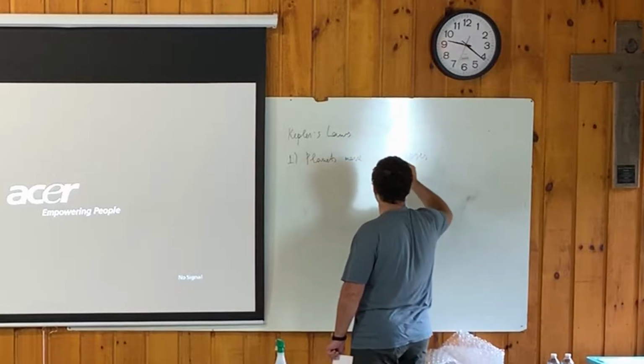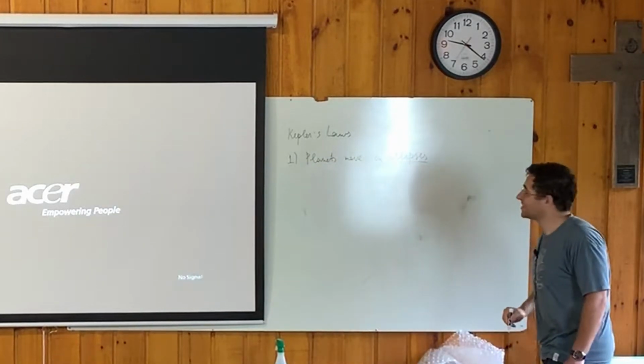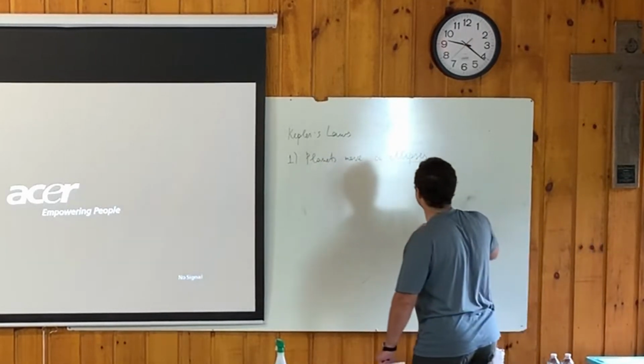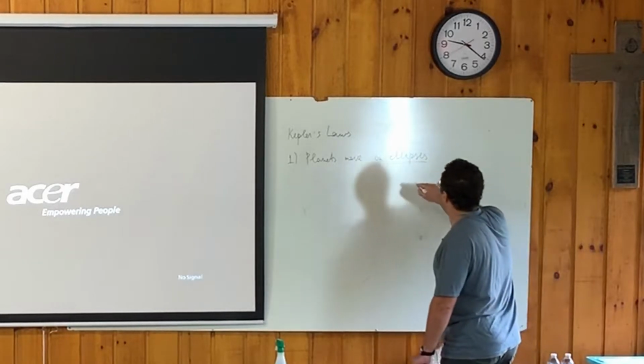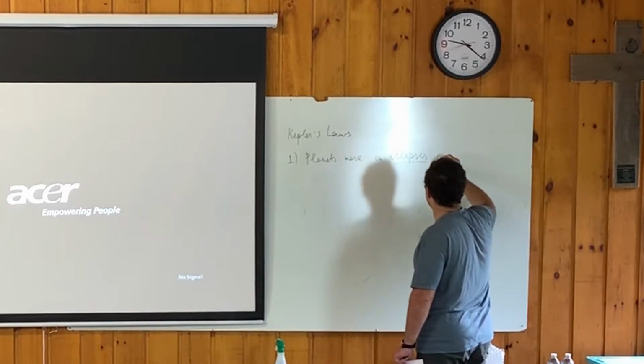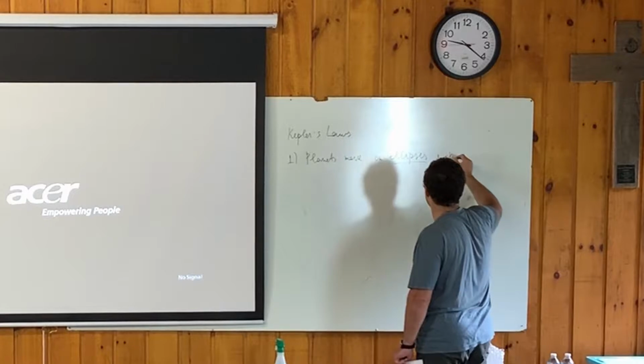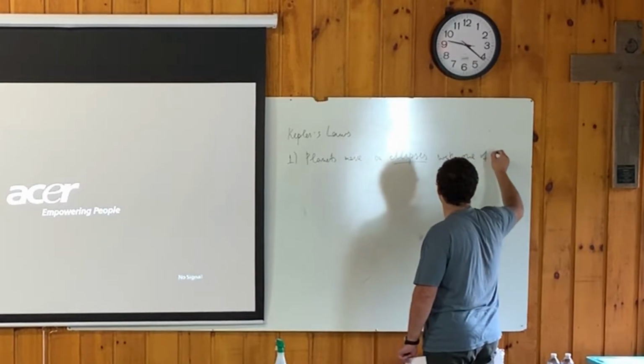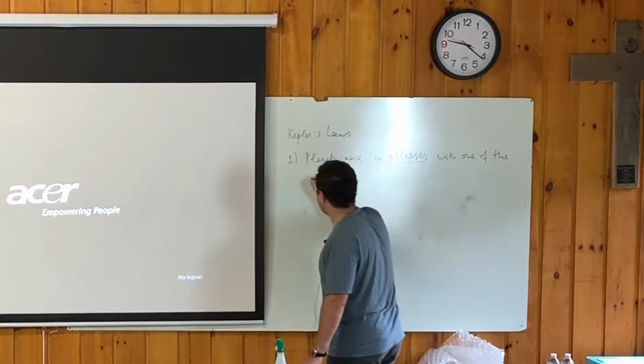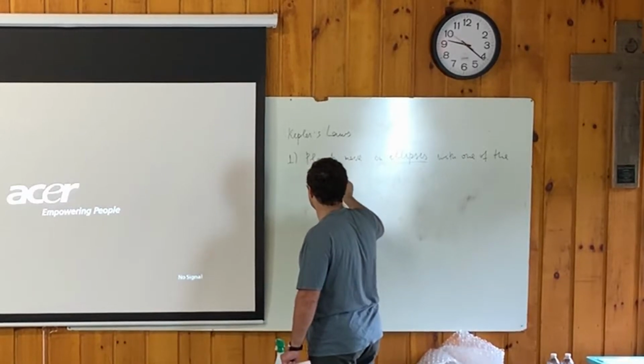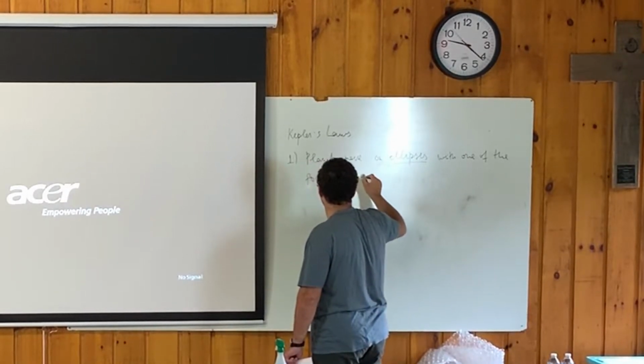This is an idea that was very alien to the ancient Greeks. With one focus, one of the two foci, at the sun. I will recall what this means in a few minutes.